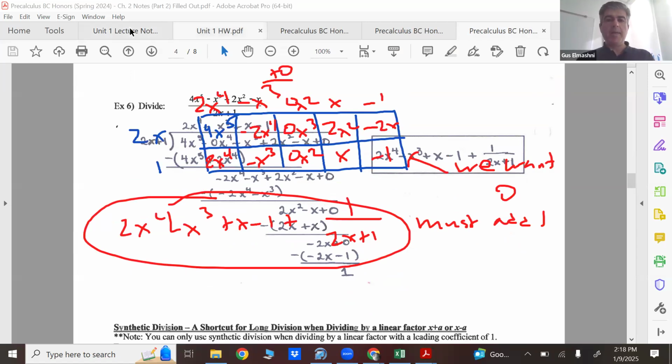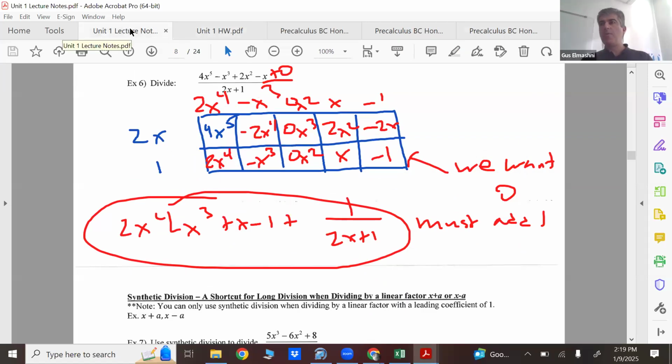I'll go back again. Okay, so everything so far, you're okay with how I filled the boxes? Yes. Okay, so when I got to this point here, at x, I needed a negative 2x. This had been negative 1. So 2x times negative 2x, 1 times negative 1 is negative 1. But there was no constant in the numerator. So you assume the constant 0 as the last term.